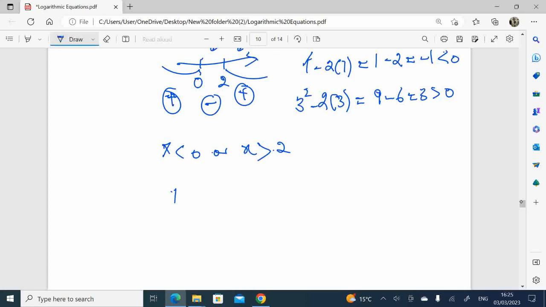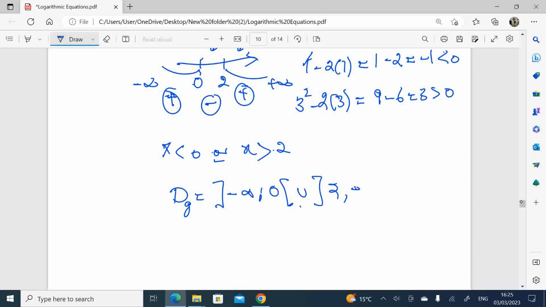It means my domain of g is everything less than 0 till minus infinity. So it's the open interval minus infinity till 0, open, union, because it's going to be a union, from 2 till plus infinity, open at 2.